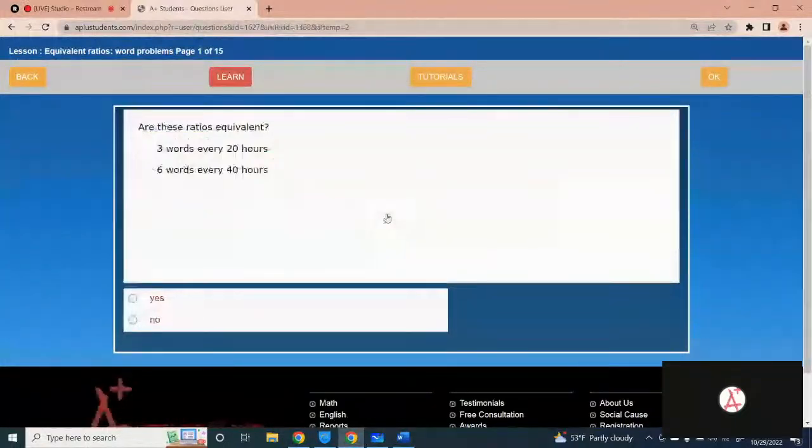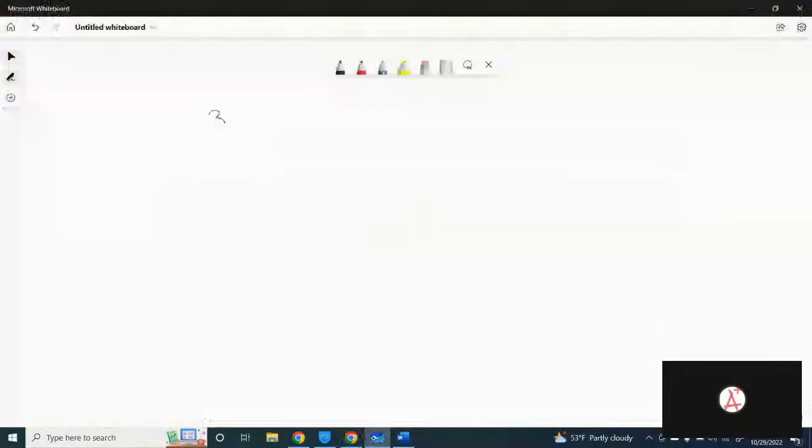Okay, are these ratios equivalent? 3 words every 20 hours and 6 words every 40 hours. So the fractions are 3 by 20 and 6 by 40. Let's do cross multiplication. It would be 3 times 40, and that equals 6 times 20.